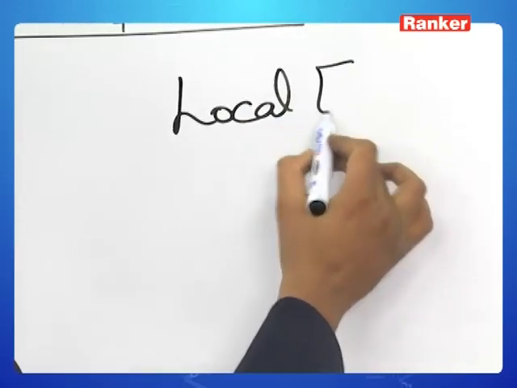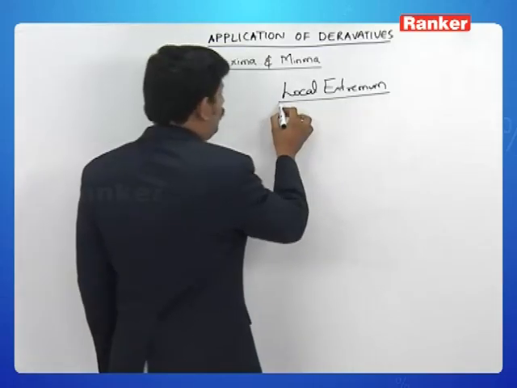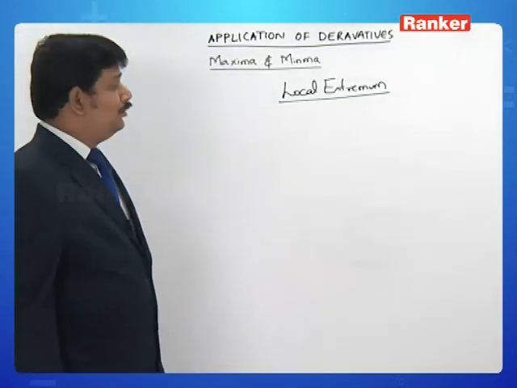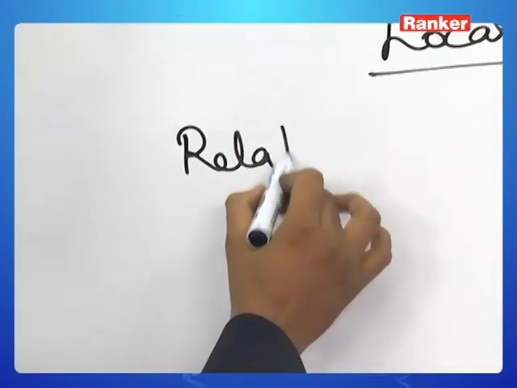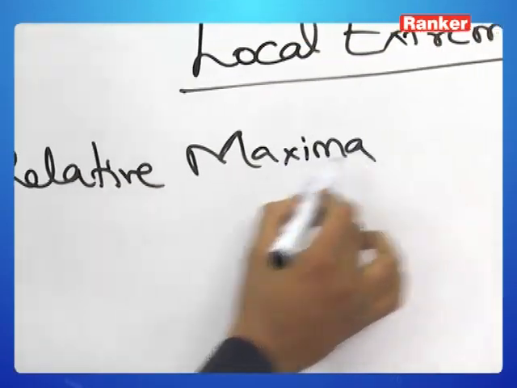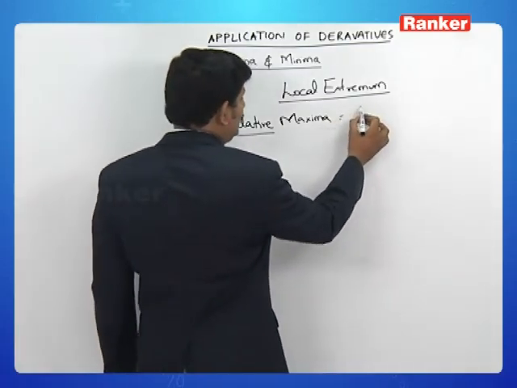Let us familiarize ourselves with all the terminology. Local maxima plus local minima together, they are called local extremum. Local maxima is also called relative maxima. Whether we say local maxima or relative maxima, it is one and the same.